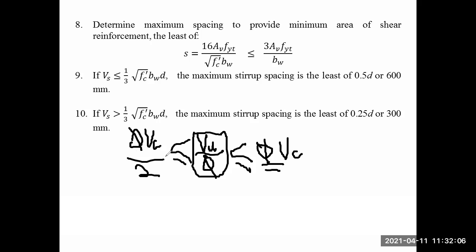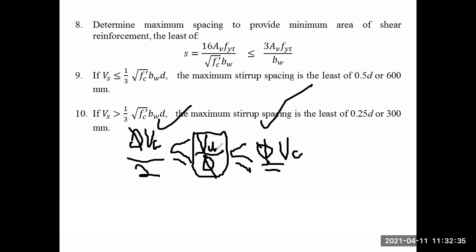Usually it's covered. These two sides, we cover them. We don't need to be so fussy about whether it is equal to phi Vc over 2 or not. We equate it to phi Vc over 2 and to phi Vc. So these two limits are equated for easiness, because it doesn't make any difference if you don't equate it.